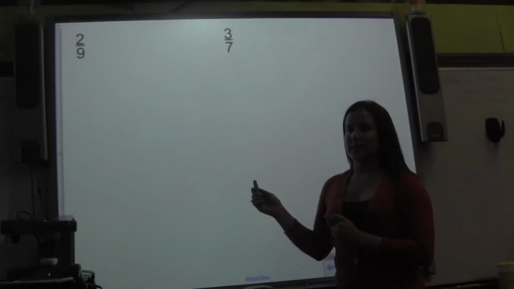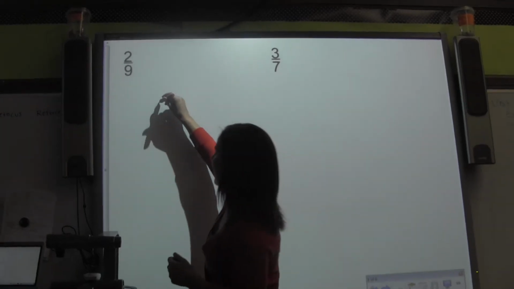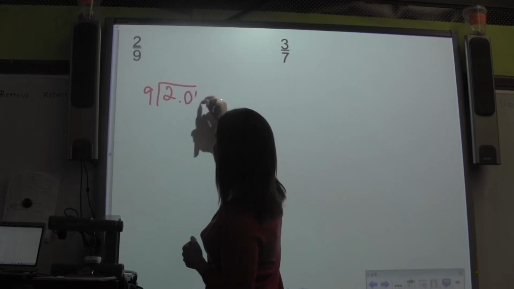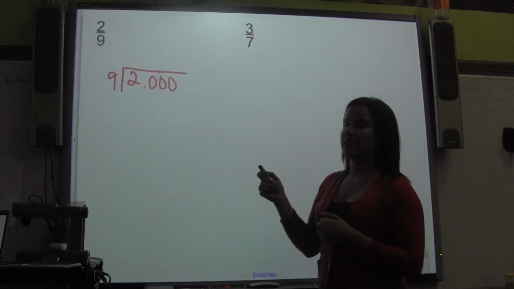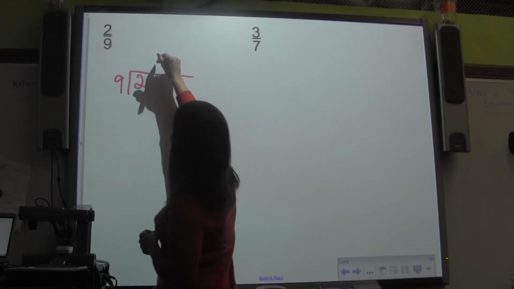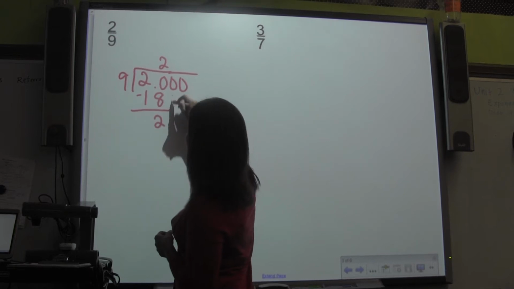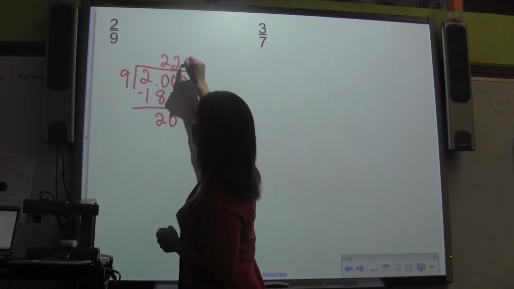So here's 2 more examples. These are not going to be as nice and neat as the last 2 that we did. 2 divided by 9. 9 does not go into 2, but 9 goes into 20. It goes into 20 twice, which is 18. 9 goes into 20 again, twice.